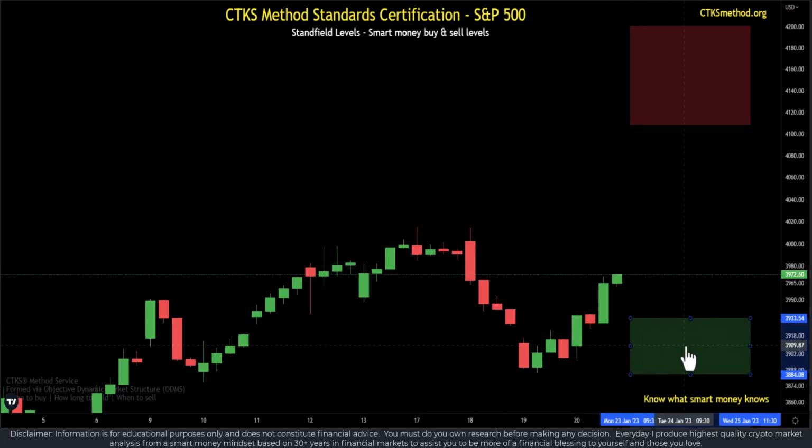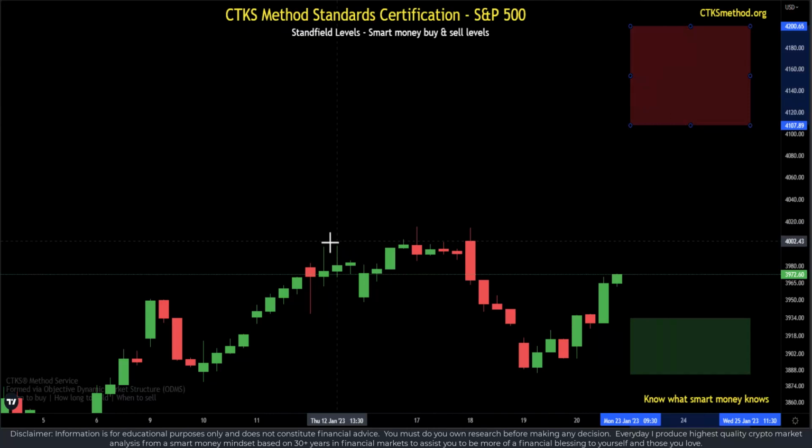Smart money will come in and buy that. But if it starts to go below 38.84, prepare for more negative price momentum. If prices continue up, the real resistance inside the market is not at 4,000. It's at 4107 up to 4200.